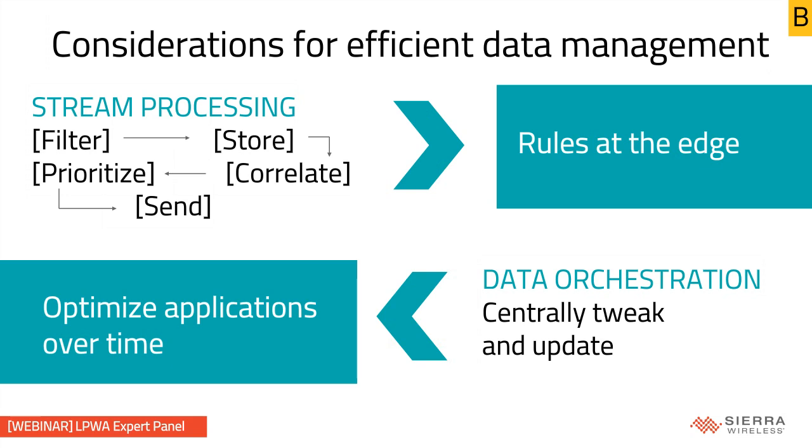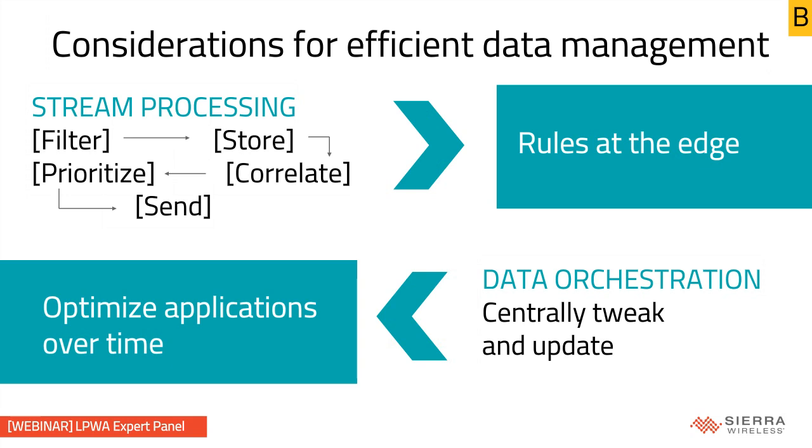So the relative priority of these events means that we want to have some rules at the edge to make intelligent decisions about whether to take this reading and send it right away, whether we could store it and batch it for later, whether we may want to correlate it with another reading or another event, or even just throw it away because it doesn't offer new information. So this business of filtering, storing, prioritizing, correlating, and then finally sending, we call stream processing.